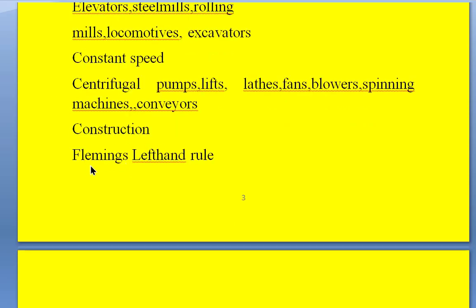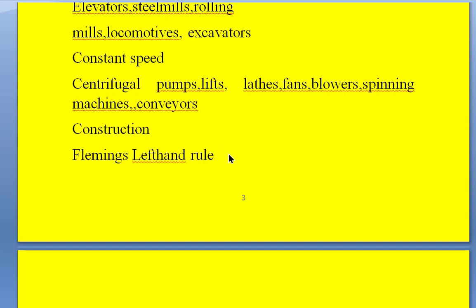Next, we have seen the purpose of Fleming's left hand rule. This rule says that if a magnetic field is present and current is provided in the conductor, it gives the direction of motion.